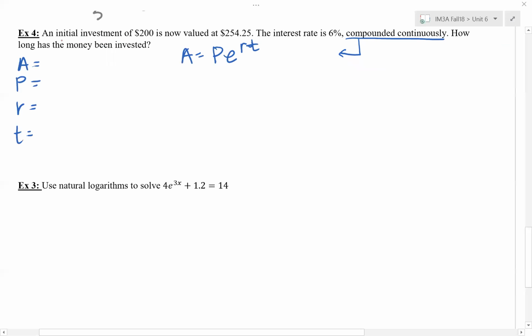So I have an initial investment of $200 that is now valued at $254.25. The interest rate is 6% compounding continuously. How long has the money been invested? That means I don't know the time, so I'm going to end up solving for t. The initial investment is my principal, so P is $200.